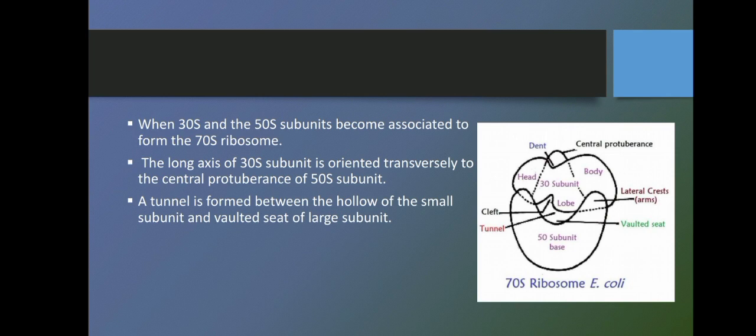The 13S and the 15S subunits become associated to form the 17S ribosome. The long axis of the 13S subunit is oriented transversely to the central protuberance of the 15S subunit. A tunnel is formed between the hollow of the smaller subunit and the vaulted seat of the larger subunit, through which the mRNA is passed during protein synthesis.